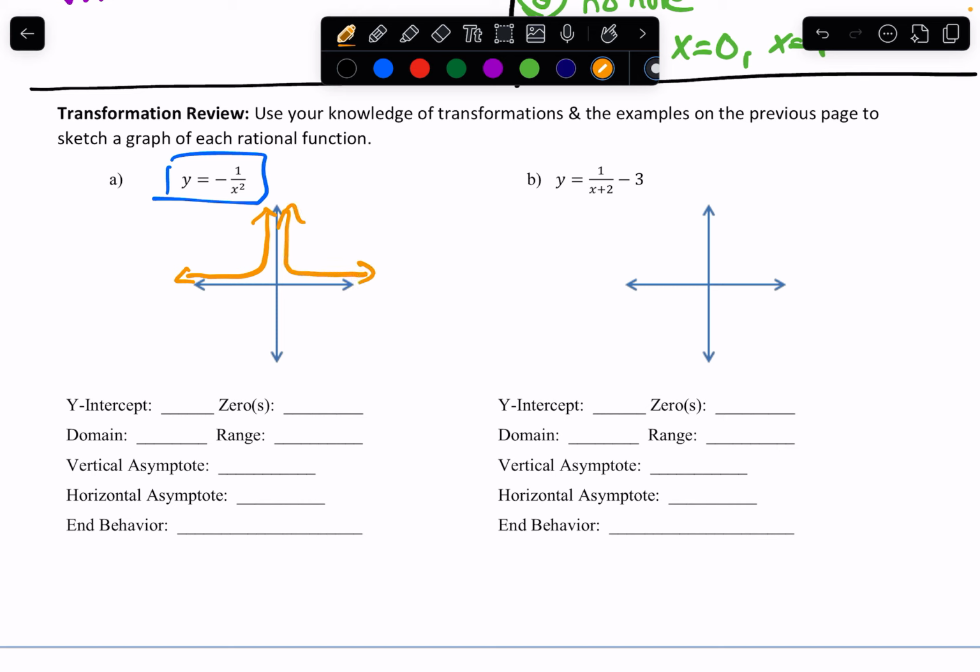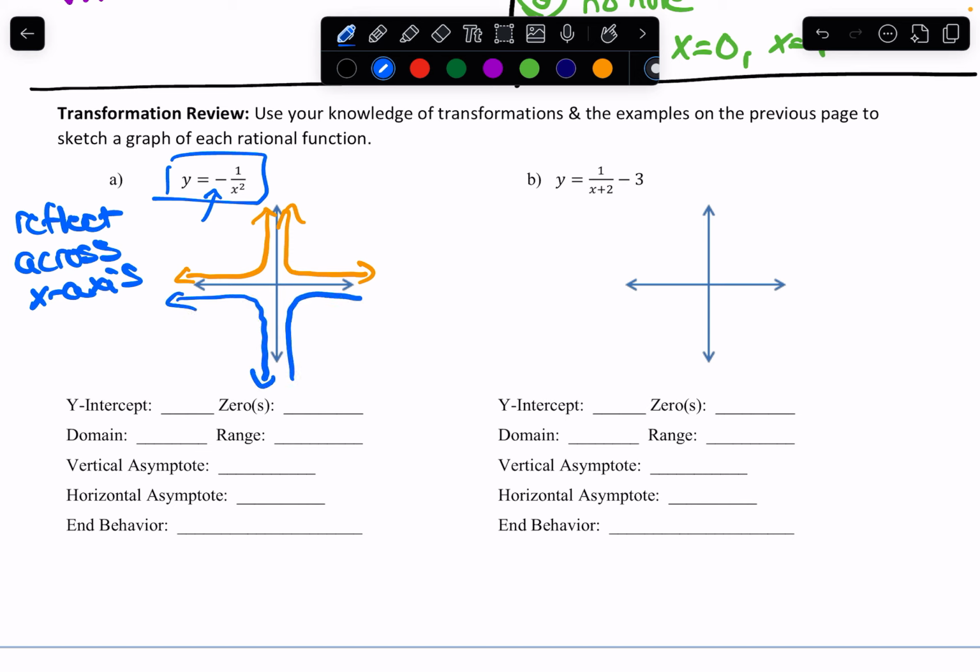Now, for the transformation, all we have is that negative in front, which means that we are reflecting across the x-axis. So it looks exactly the same, except that it goes down here, like that. We are still going to have the same asymptotes.